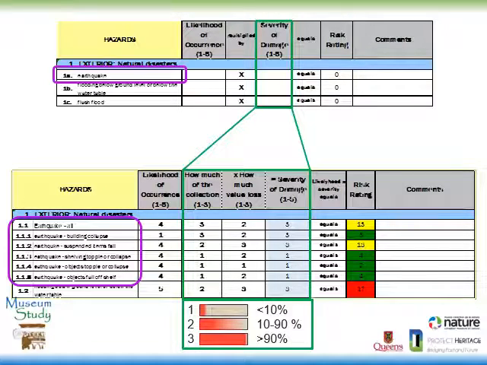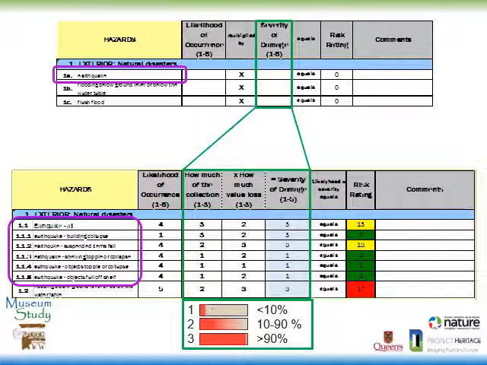And now, since we're just putting these on a scale of 1 to 3, our guide for that is that we would use a 1 if we expect less than 10% of the collection to be affected, or less than 10% of the value to be lost. We would score that as a 1.